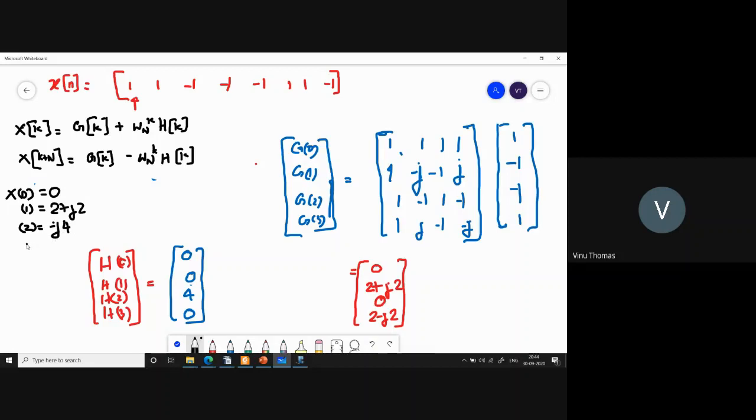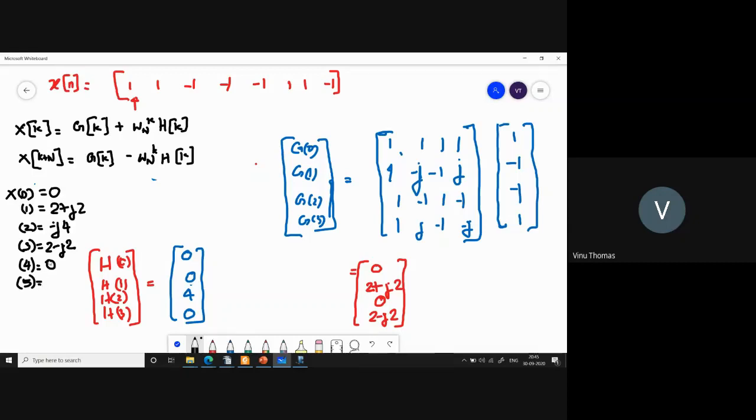And now x of 3 would be, so I'll write out the values which we can compute. So 2 minus j2. X of 4, again you find that x of 4 is equal to 0. From x of 5 onwards, you can write the value.